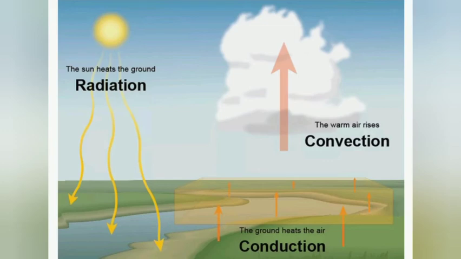Radiation requires no medium to travel. Directly from the sun to the earth, the radiation comes. Whereas from the ground to the air, the heat gets conducted, and from the atmosphere to the clouds, the air gets convected.